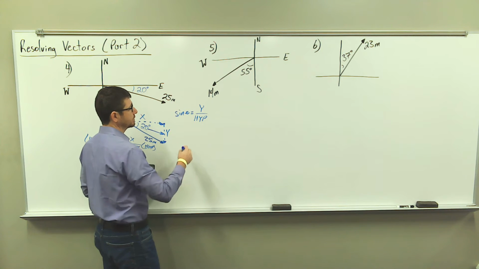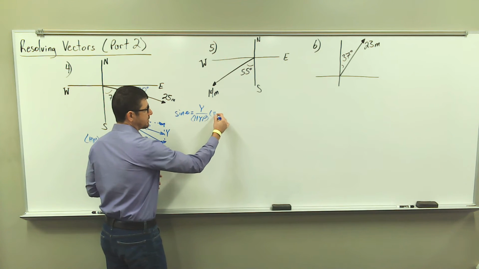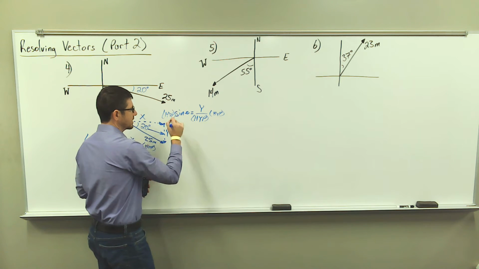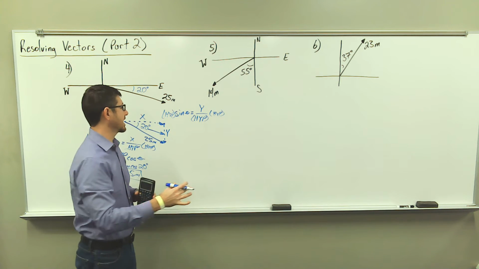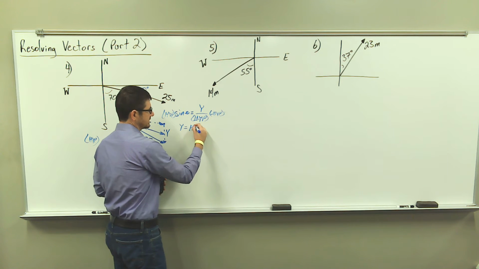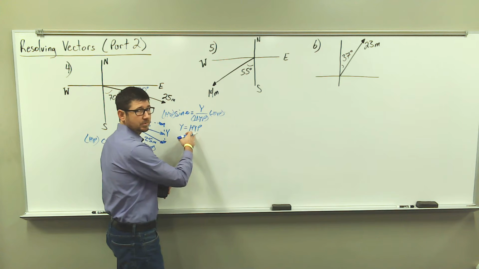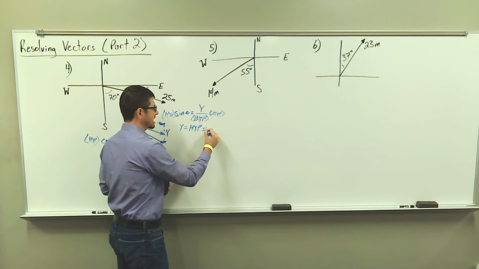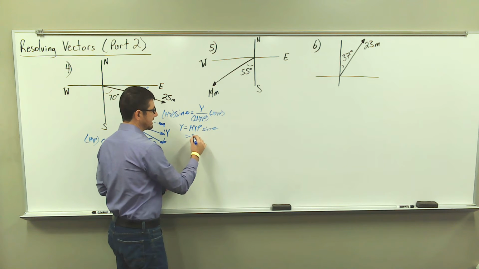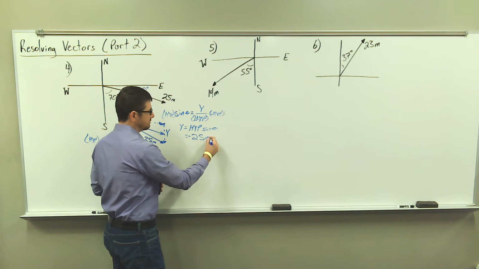So what we're going to do is multiply by hypotenuse on both sides of the equal sign. On the right-hand side of the equal sign, hypotenuse cancels. So I have y equals our vector magnitude or our hypotenuse times sine of the angle theta. So I have a negative 25 meters.